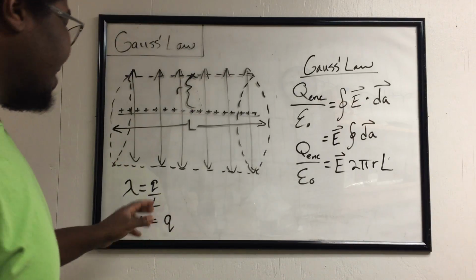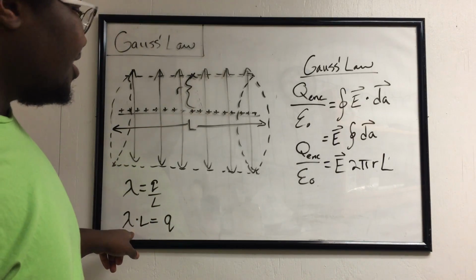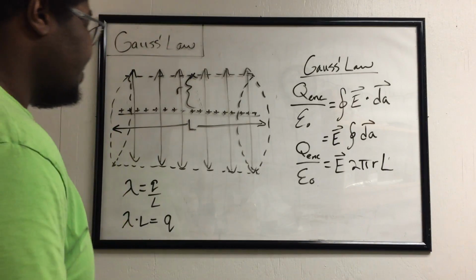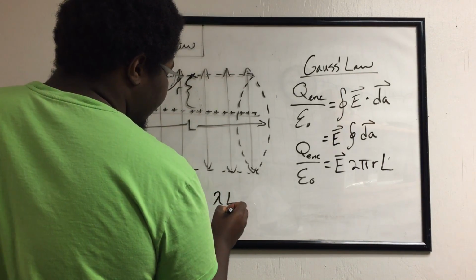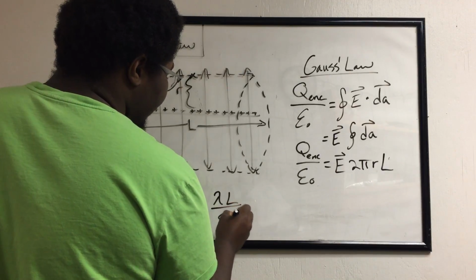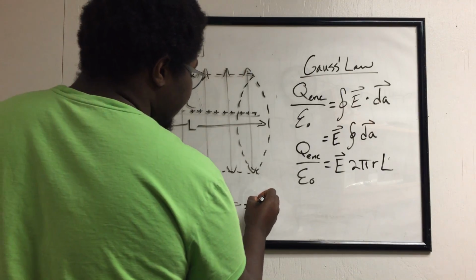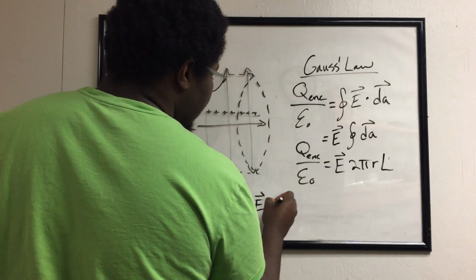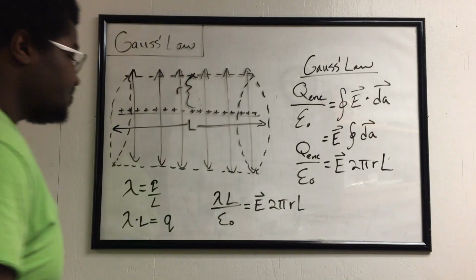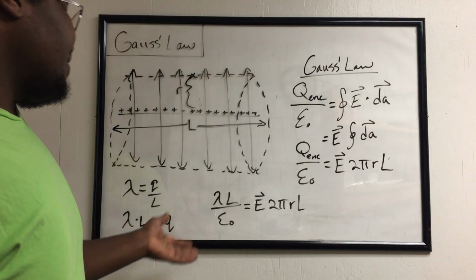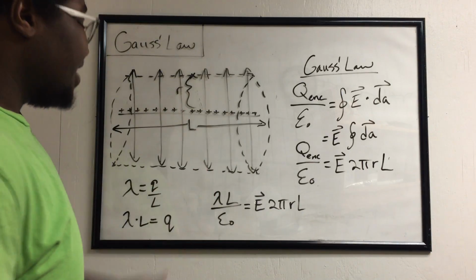So this is the charge, and now we can substitute this for Q. When we do that, we get lambda L over epsilon naught is equal to E times 2 pi r L. The first thing you notice is the L's cancel.